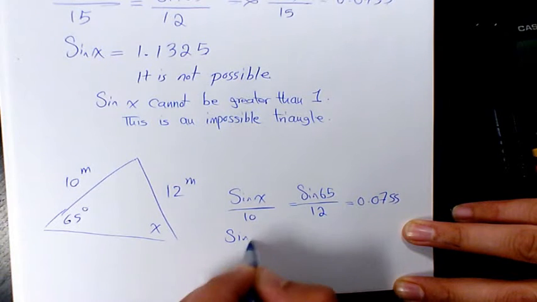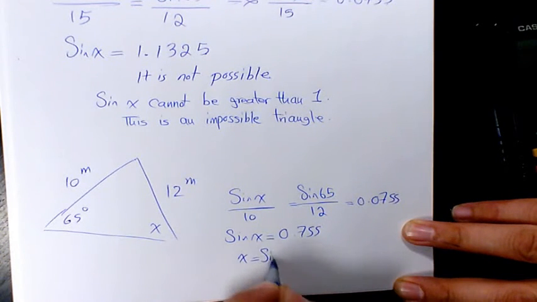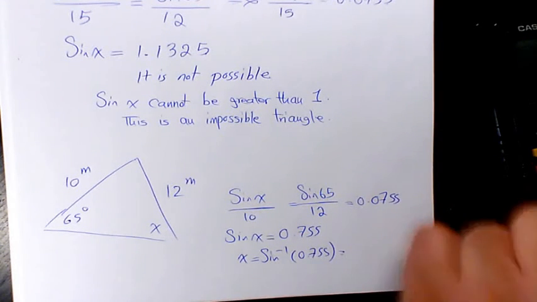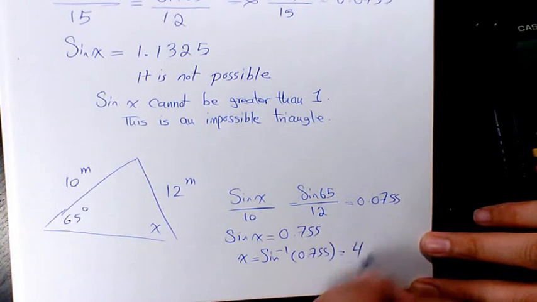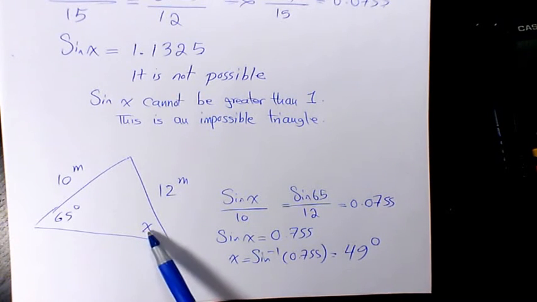So sine x is going to be 0.755. So x is going to be sine inverse of 0.755. It's going to be 49 degrees. So x is going to be 49 degrees.